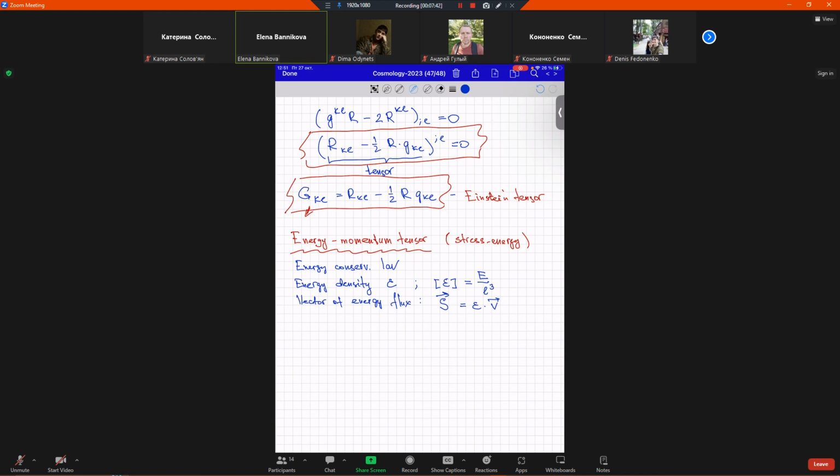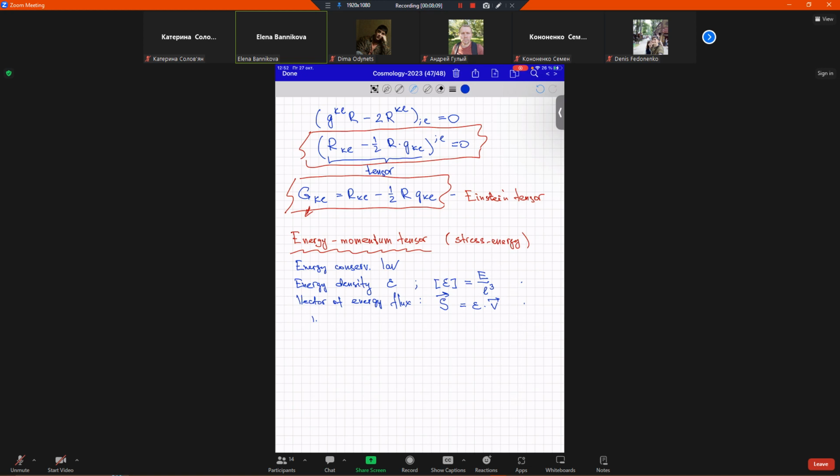If we know these two values, the energy density and the energy flux, in principle we can understand the change of energy in any volume in unit time, a second.